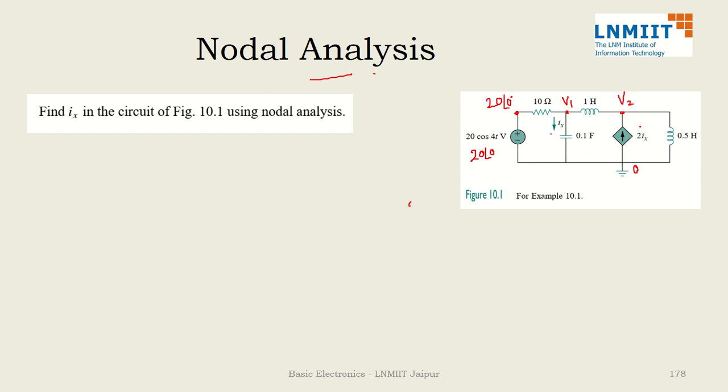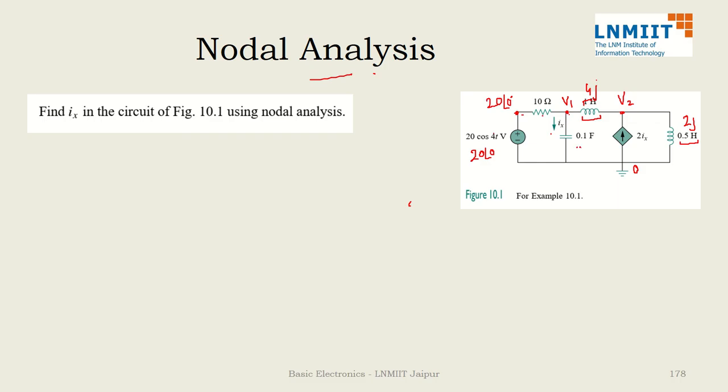Once I do this, first of all, omega is 4. J omega L, J omega L. Convert them. This will be 2J. This will be 4J. Now I have the phasor domain or frequency domain circuit. What will be the nodal equation at V1? V1 minus 20 by 10.